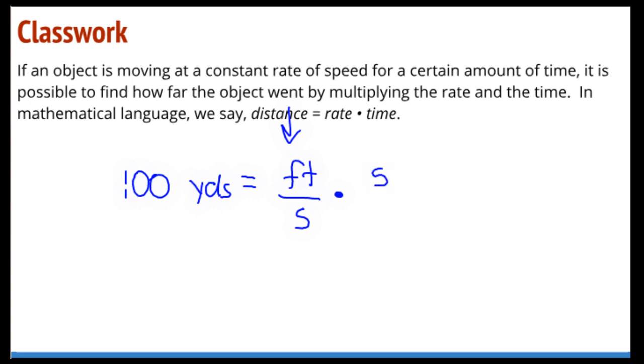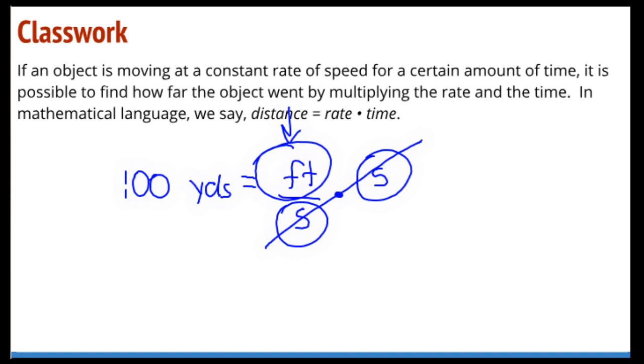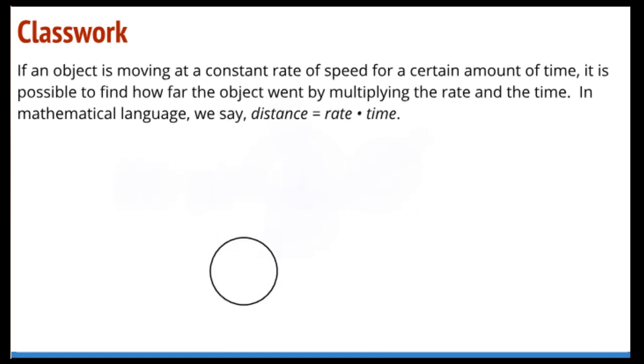And this should look really familiar because right now you should be seeing that we have these positioned diagonally from each other, which means they will cancel each other out, and we will be left with a measurement unit of distance. And we'll look more specifically at what that looks like, but I wanted to connect that to what we've worked on in some prior lessons.